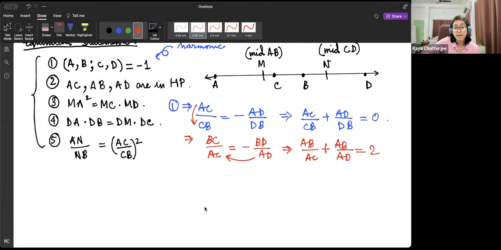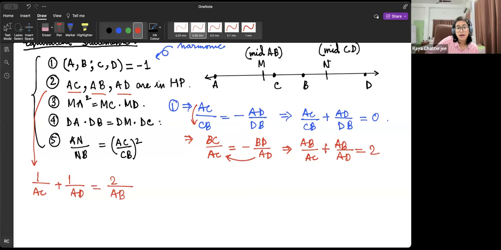So, why was I motivated to do this? What do we want to prove? We want to prove that AC, AB, and AD are in harmonic progression. So what does that actually mean? If the three of them are in harmonic progression, then 1 by AC plus 1 by AD is equal to 2 by AB, right?